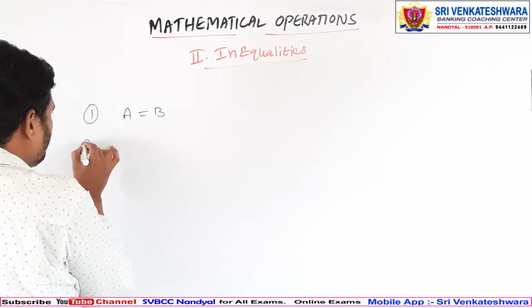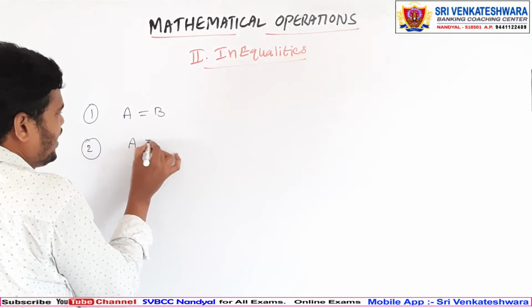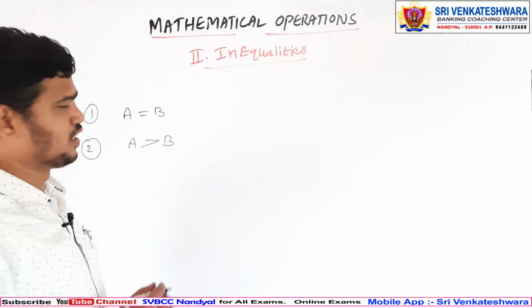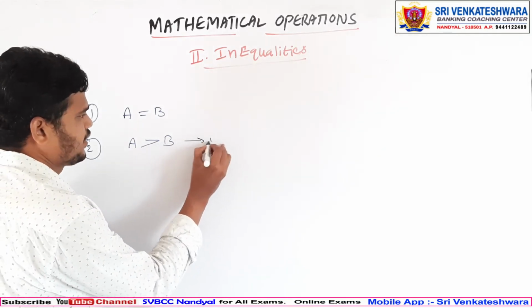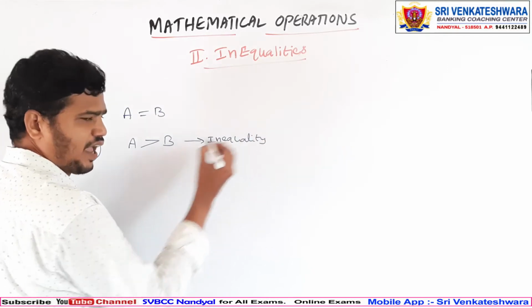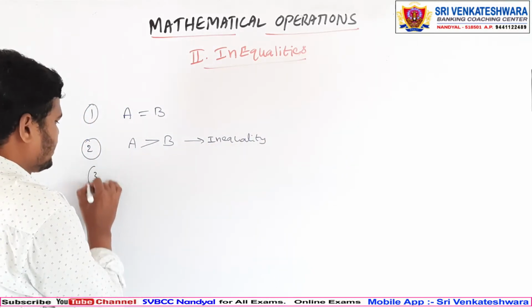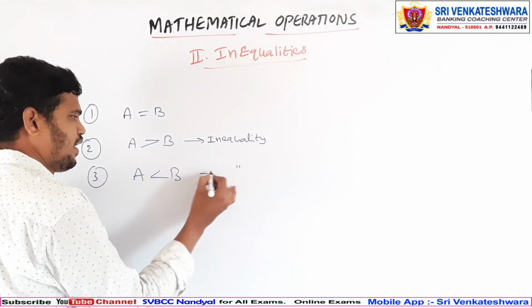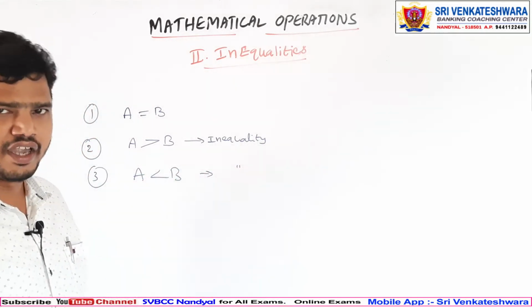For example, A greater than B, this is called an inequality. Next, A less than B, this is also an inequality.